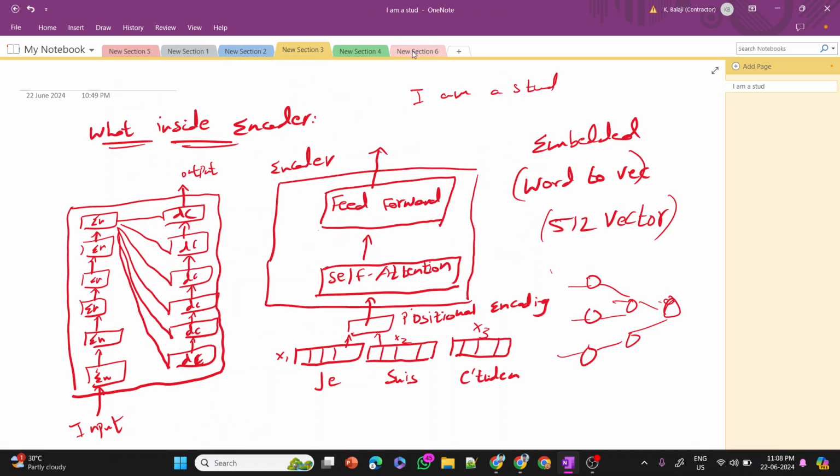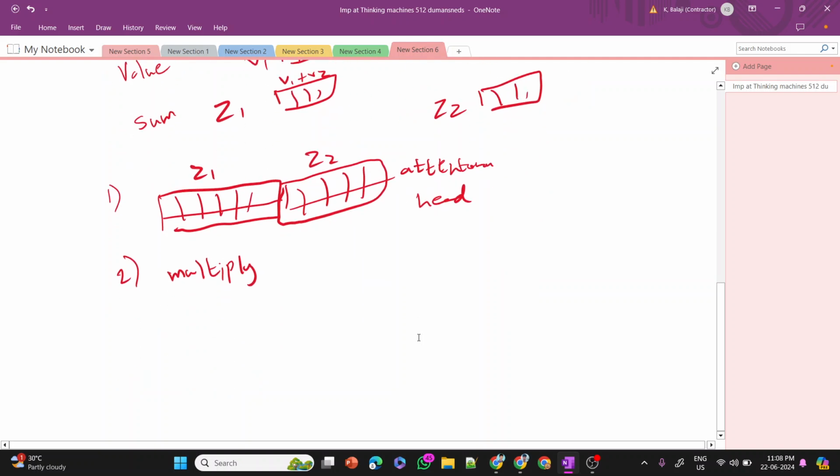The neural network has some weights, and this z value is multiplied with that weight.